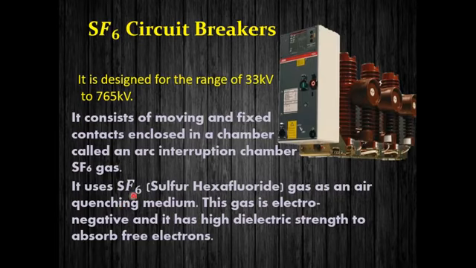The SF6 sulfur hexafluoride gas is used as the arc quenching medium. This gas is electronegative and it has high dielectric strength to absorb free electrons. Therefore, this type of circuit breaker is used for very high voltage.